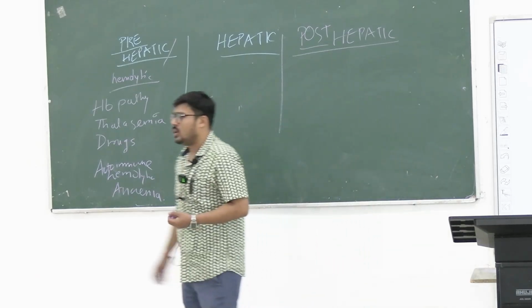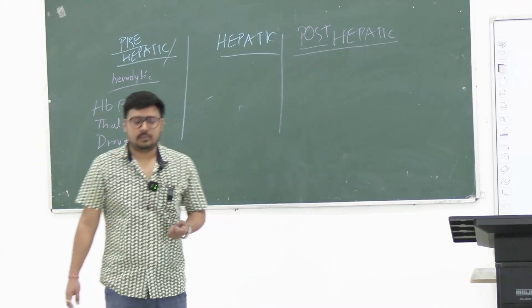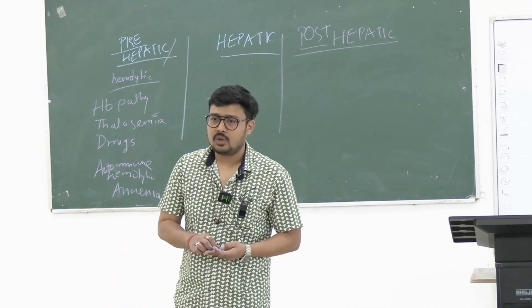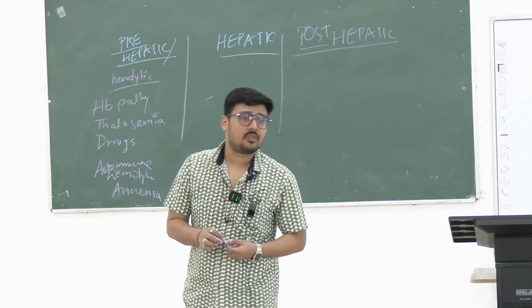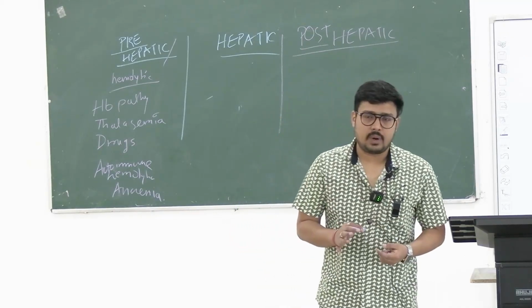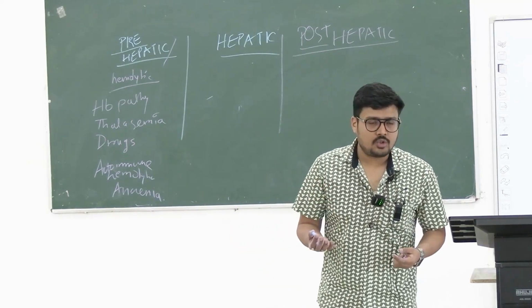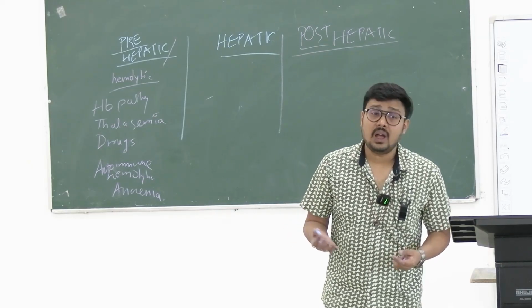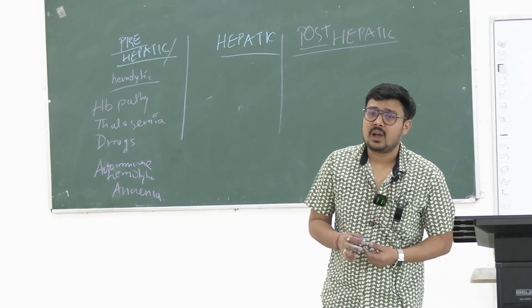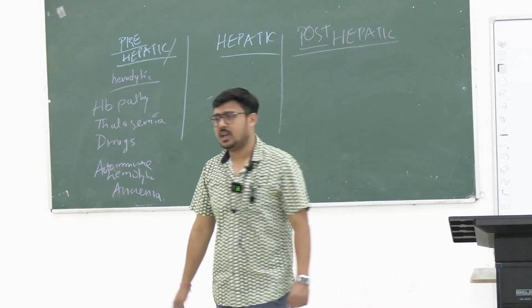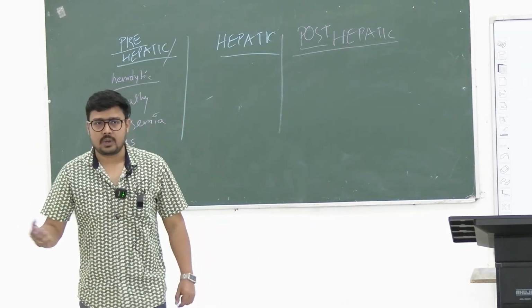So, have you encountered the term physiological jaundice? Those are examples of pre-hepatic jaundice, unconjugated hyperbilirubinemia. Yes, pre-hepatic. In physiological jaundice there is overproduction of bilirubin.